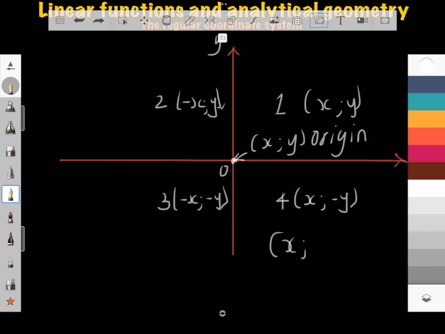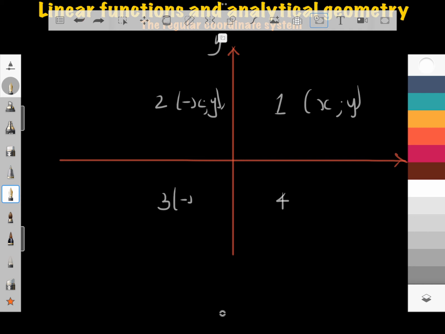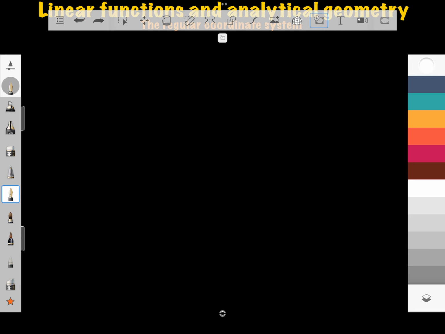I have to revert back to my starting part. Let's go back. I'm going to amplify this Cartesian plane so that we are on par with the principle of how the Cartesian plane works.